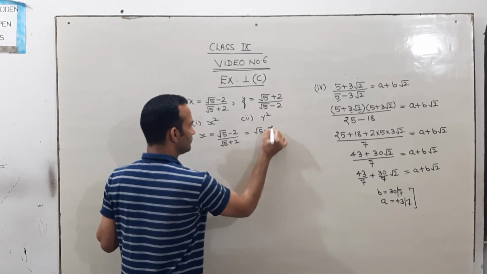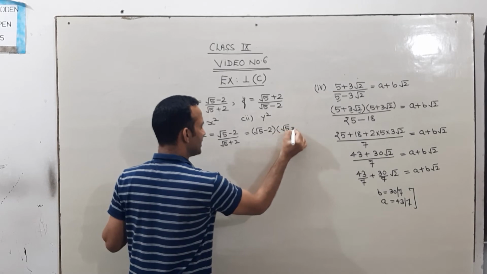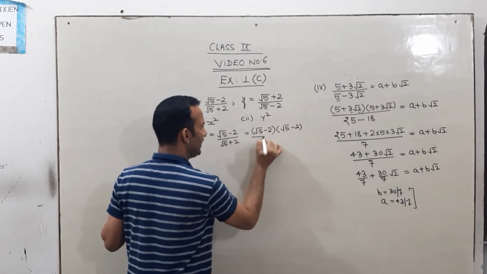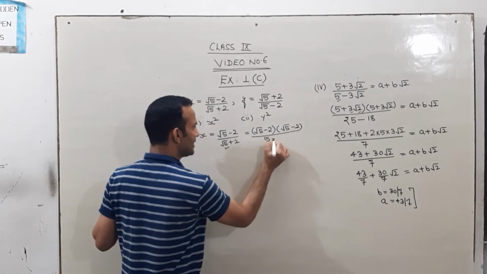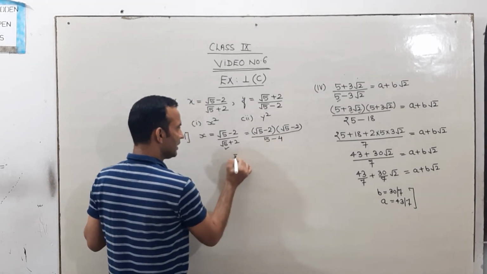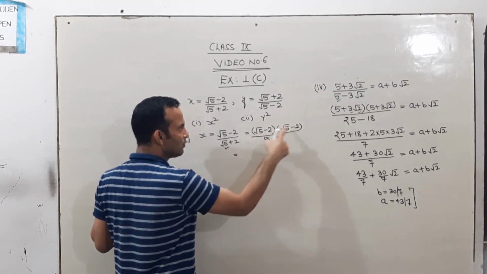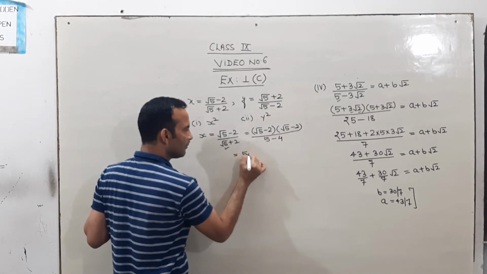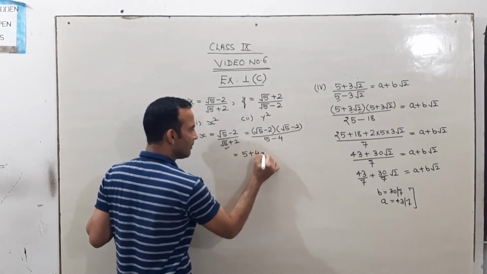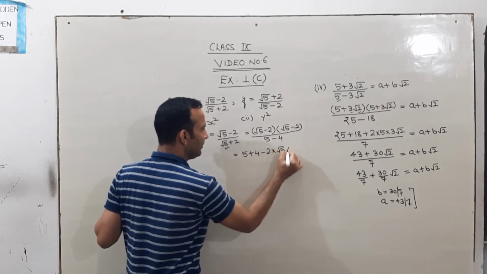Root 5 minus 2 is multiplied with root 5 minus 2, and in the denominator we always apply a square minus b square. In the numerator you can see root 5 minus 2, root 5 minus 2, so apply a minus b raised to the power 2, a square plus b square minus 2ab.